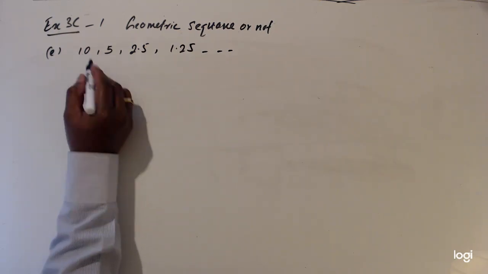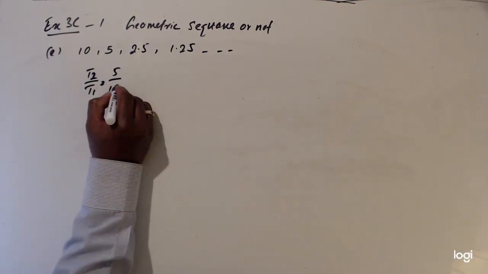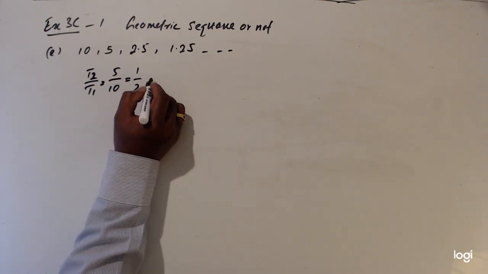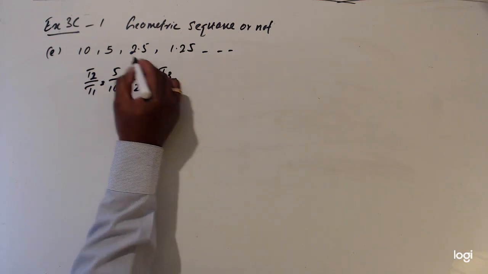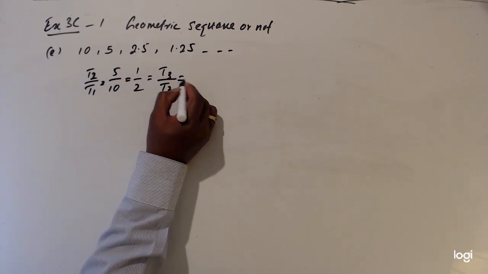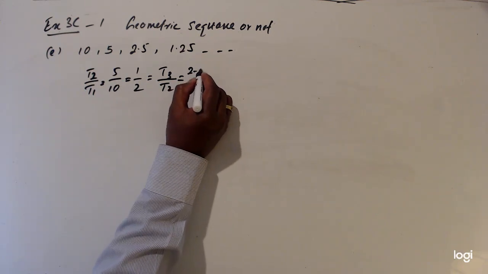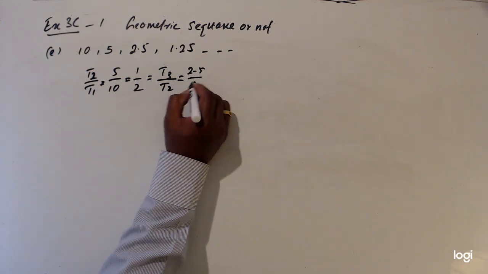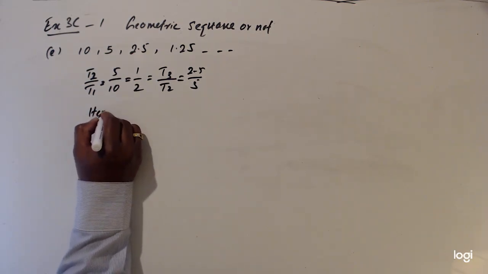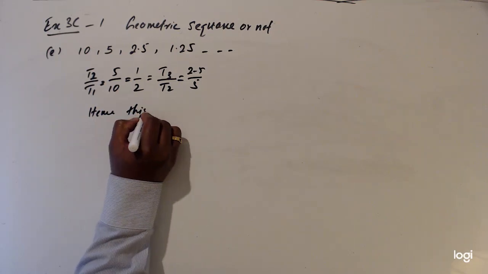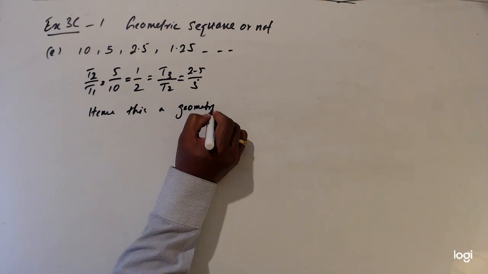T2 divided by T1, 5 divided by 10, which is half, equals T3 divided by T2, that is 2.5 divided by 5, is half. Hence, this is a geometric sequence.